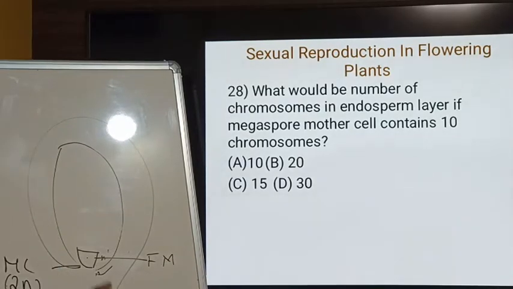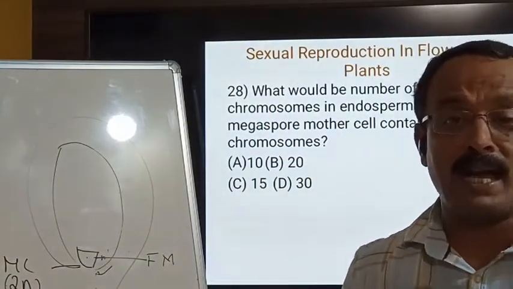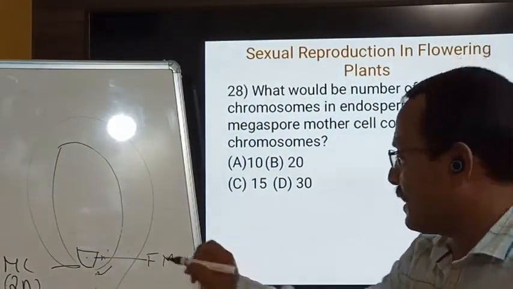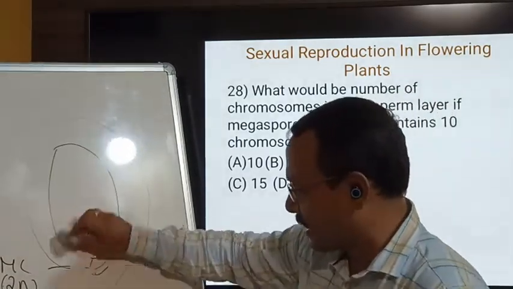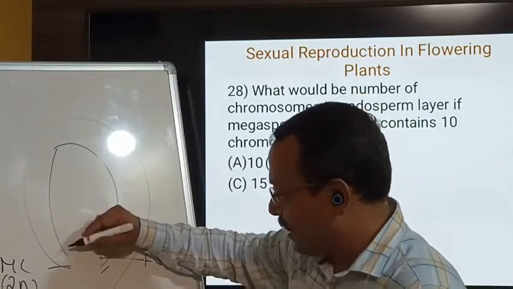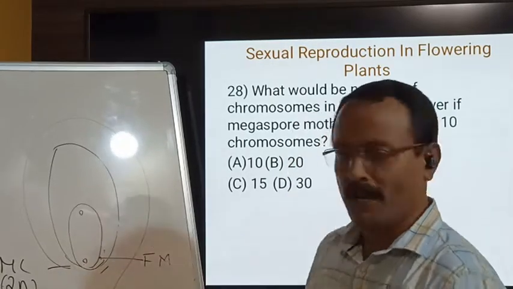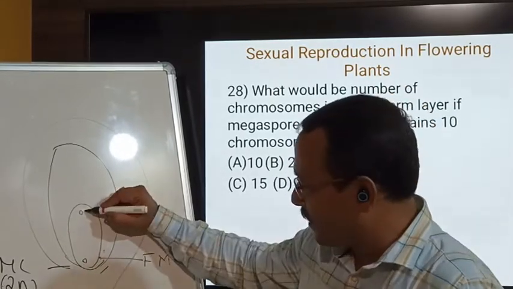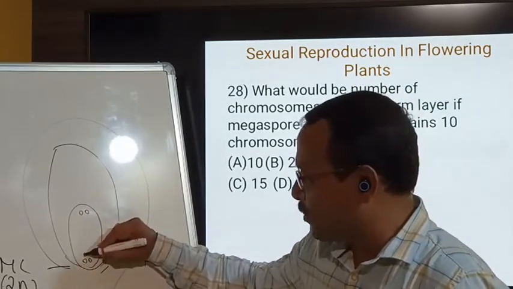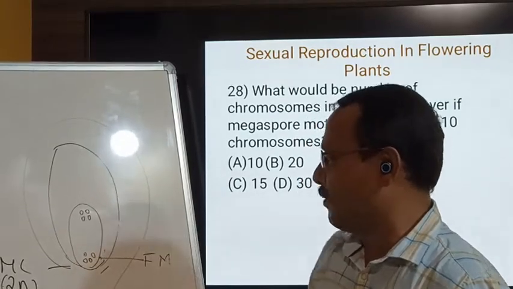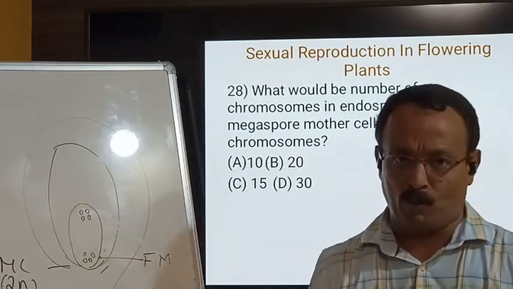From this single functional megaspore cell, the female gametophyte or embryo sac is developed. So this is the haploid functional megaspore cell. What will it do? It undergoes free nuclear division to produce 2 haploid nuclei. Later, the free nuclear division leads to formation of 4 haploid nuclei. Further, it leads to formation of 8 haploid nuclei. So 4 are present towards one pole and 4 are present towards the opposite pole.